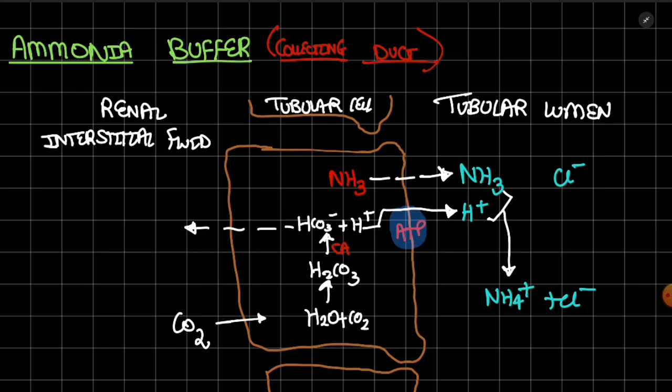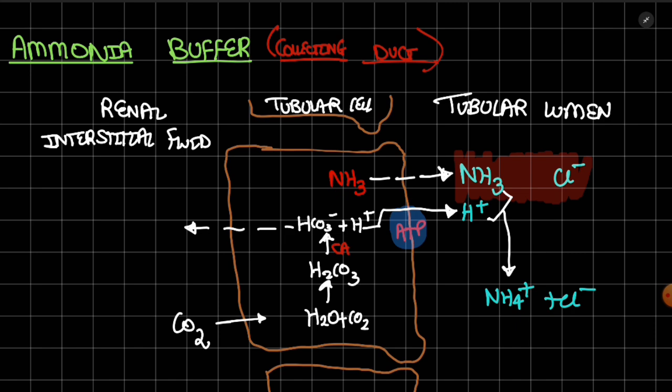This NH3 combines with H plus to give NH4 plus and Cl minus, which is further excreted, and the CO2 is gained from the renal interstitial fluid.